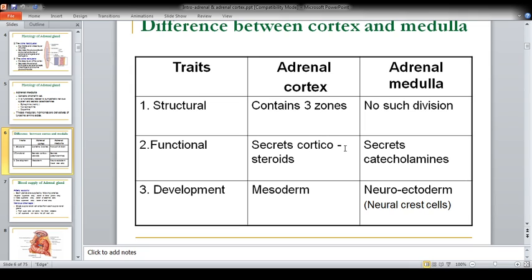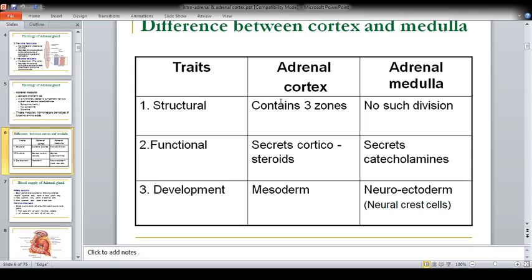Now, let's take a look at the differences between cortex and the medulla. Structurally, adrenal cortex is comprised of three zones, whereas adrenal medulla does not have any divisions. It is just a bunch of chromaffin cells. Functionally, adrenal cortex secretes corticosteroids, whereas adrenal medulla secretes catecholamines.